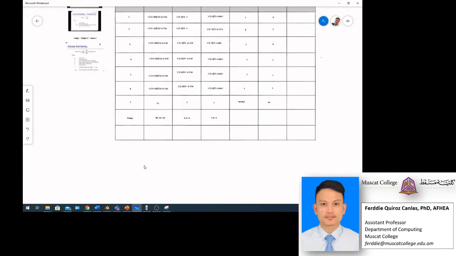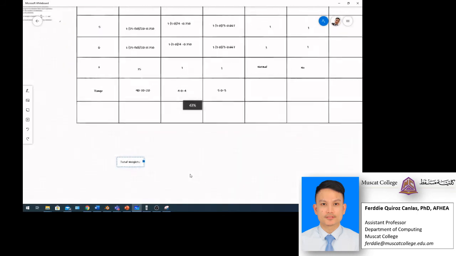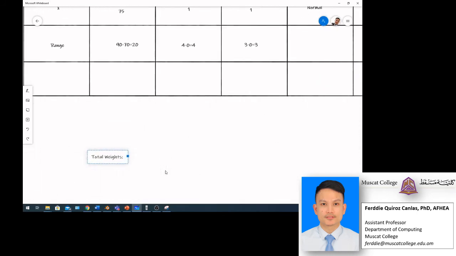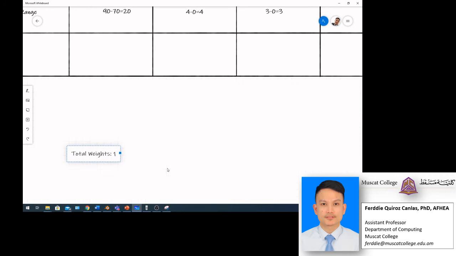So total weights, let me just write in here, total weights would be very simple. 1 2 3 4 5. Since we have 5 cases with equal weights, 1 plus 1 plus 1 plus 1 plus 1, so equals 5.